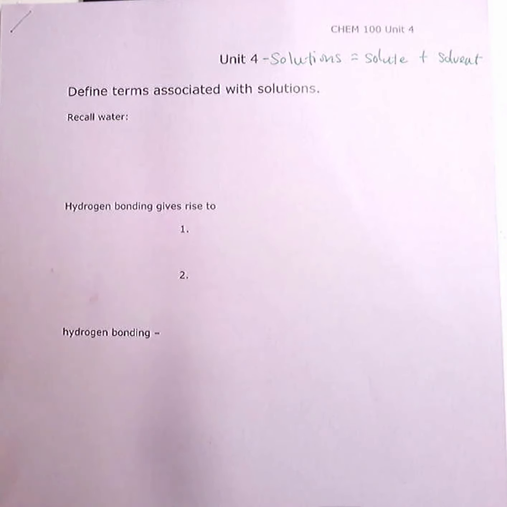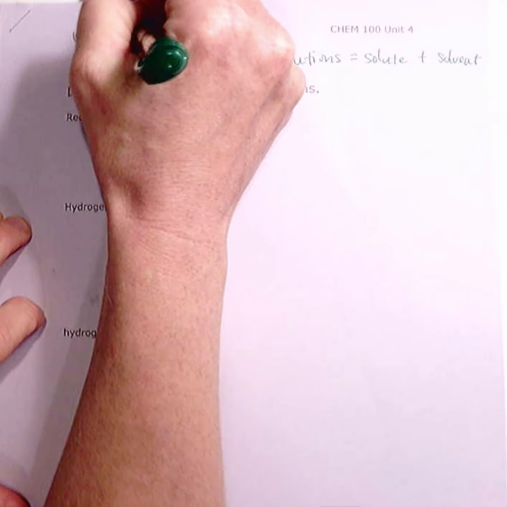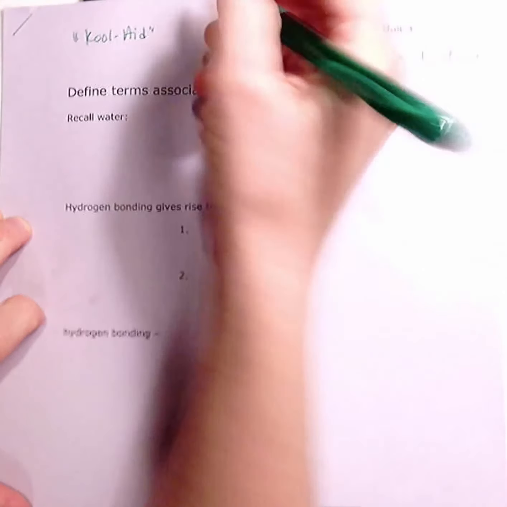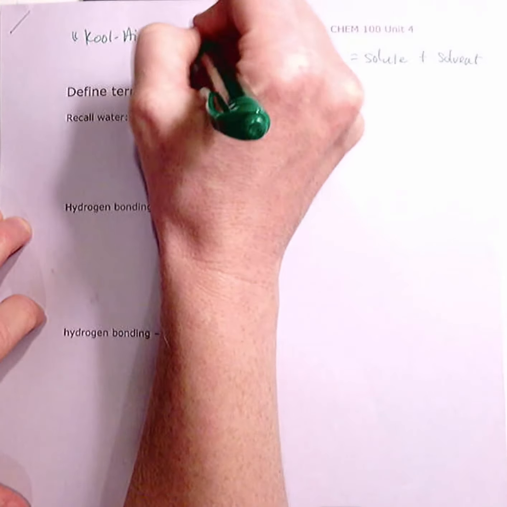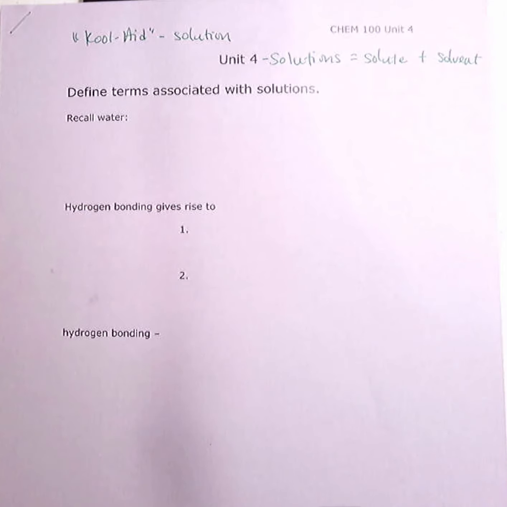So with Kool-Aid, you have this solution. And what is the solute? Well, it depends on the type of Kool-Aid that you make. I am a Kool-Aid purist. I feel that you have to have at least a cup or two of sugar to make your Kool-Aid legitimate, right?